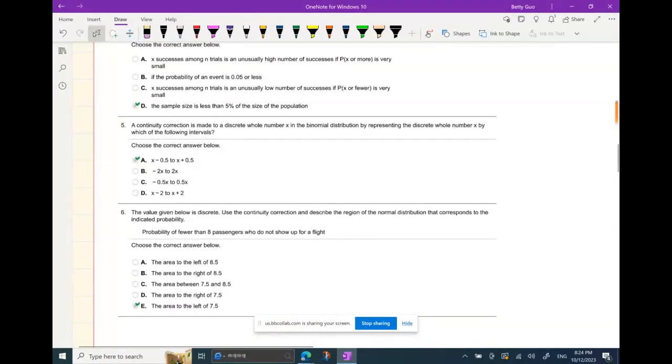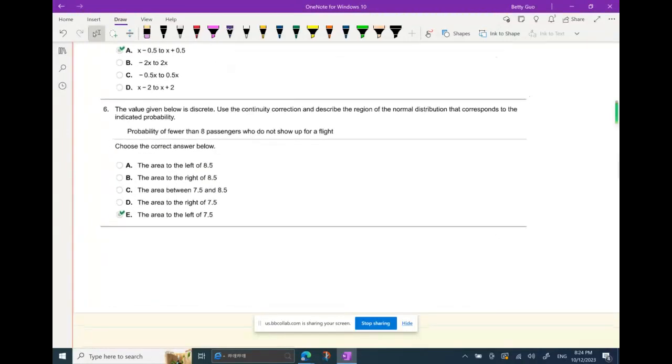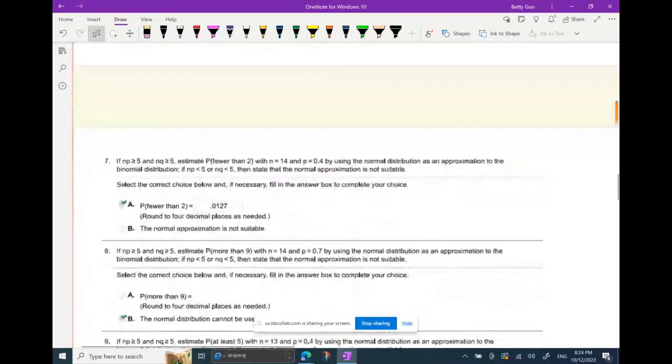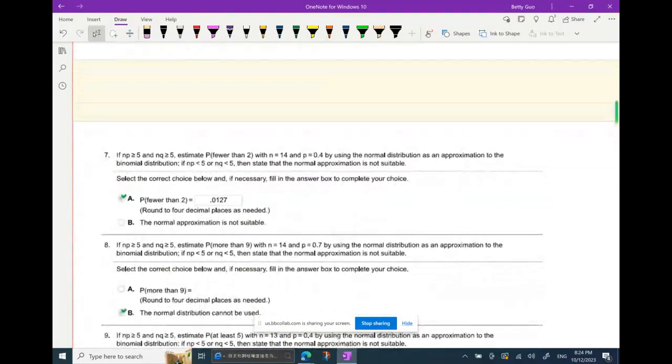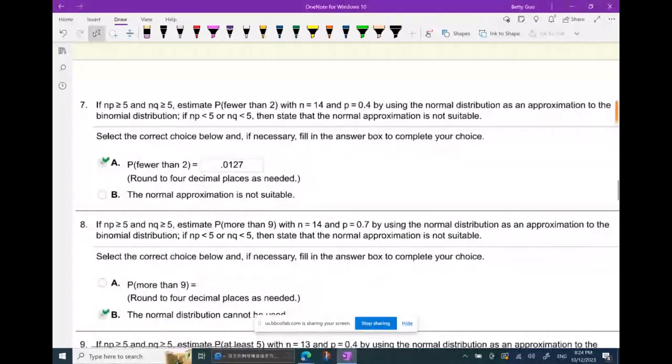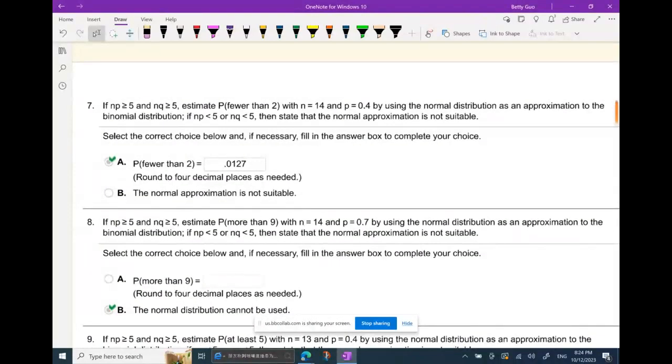Let me find a question. The value given below is discrete. Number 7. If np is no less than 5 and nq is no less than 5, estimate this probability. What probability? The probability of fewer than 2.